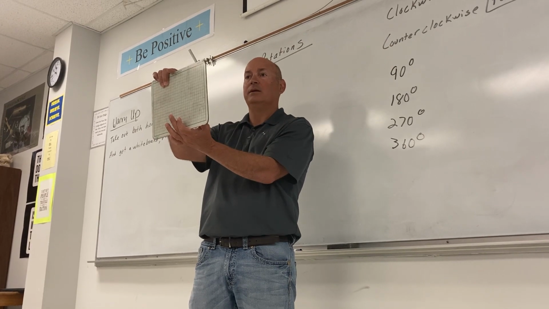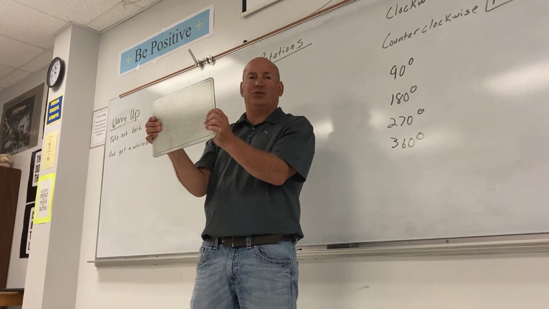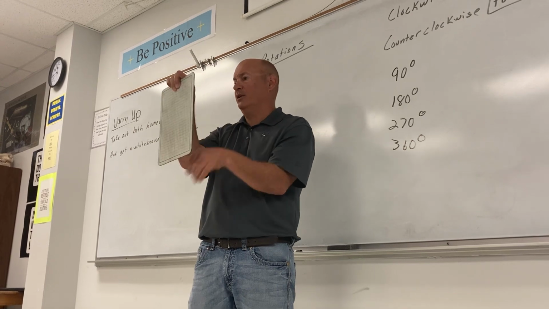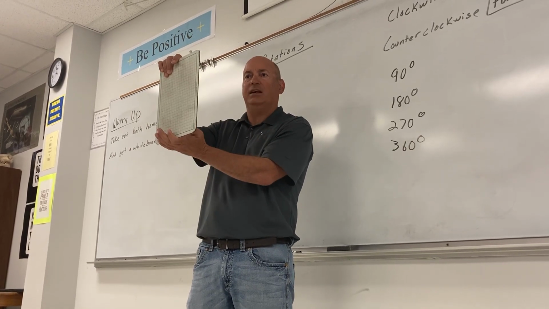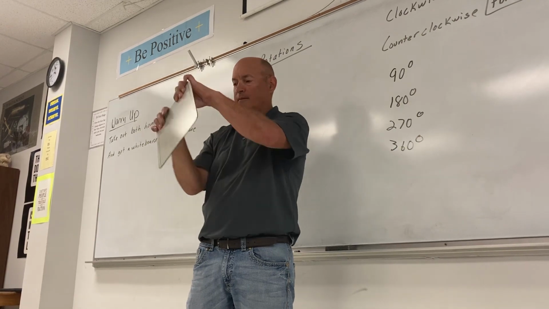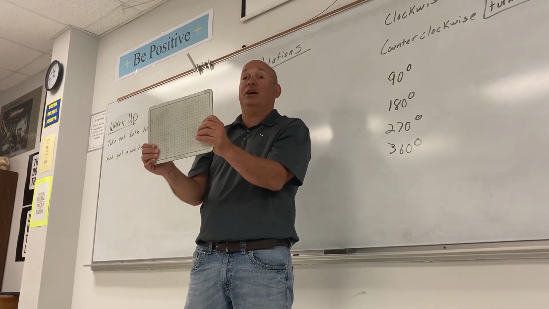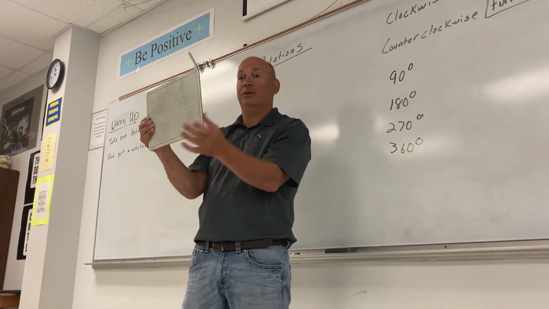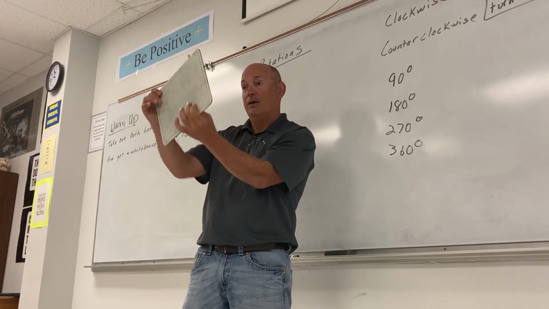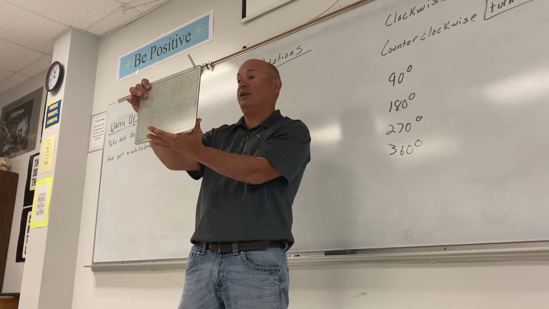Are you with me? If I want to turn something 270, I'm going to go one more turn. There's 90, 180, and 270. Are you with me? If I want to turn something 360, how many turns is that? 4. 1, 2, 3, and 4. That would be a 360-degree rotation.